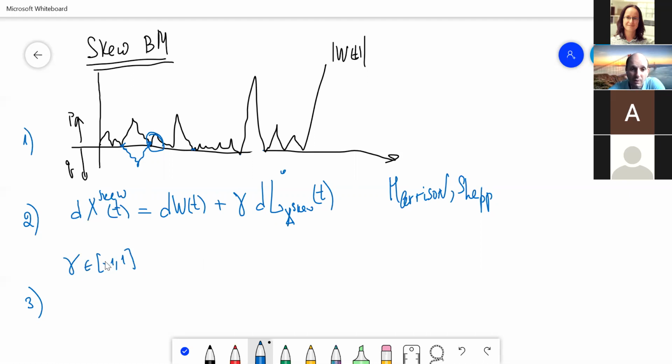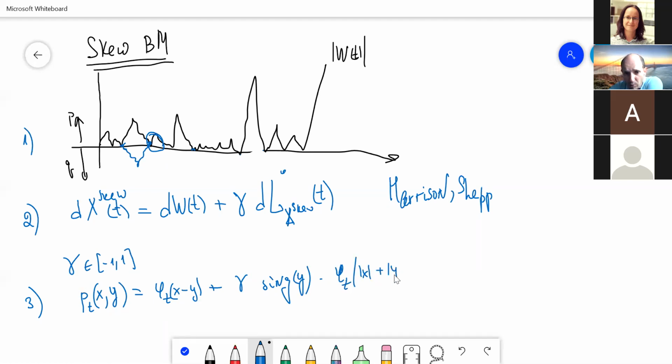Skew Brownian motion is a continuous Markov process with probability transition density function p(t,x,y) that equals phi(t, x minus y) plus gamma times sign of y times phi(t, absolute value of x plus absolute value of y), where phi(t,x) is the density of the normal distribution with zero mean and variance t.